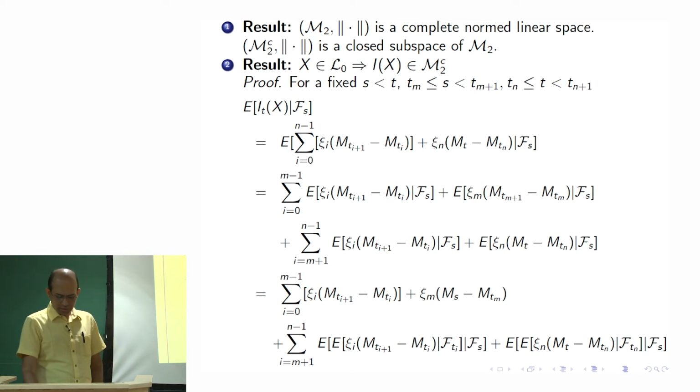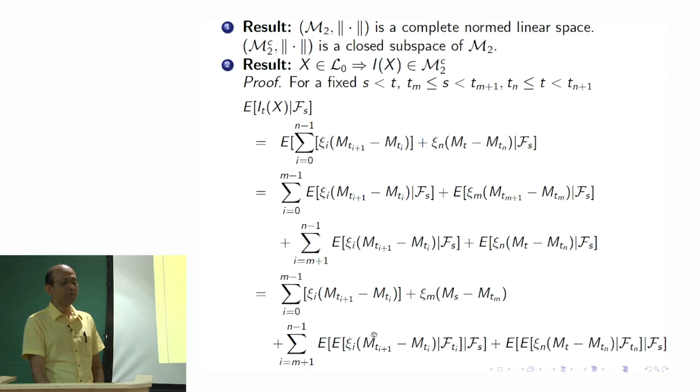Then we consider the last term, the expectation of xi_n times M_t minus M_{t_n}. Here also we do conditioning in the same manner, with respect to F_{t_n}. In these terms xi_i is F_{t_i} measurable, so I can take xi_i outside of the expectation, and what is left inside is the expectation of M_{t_{i+1}} minus M_{t_i} given F_{t_i}.